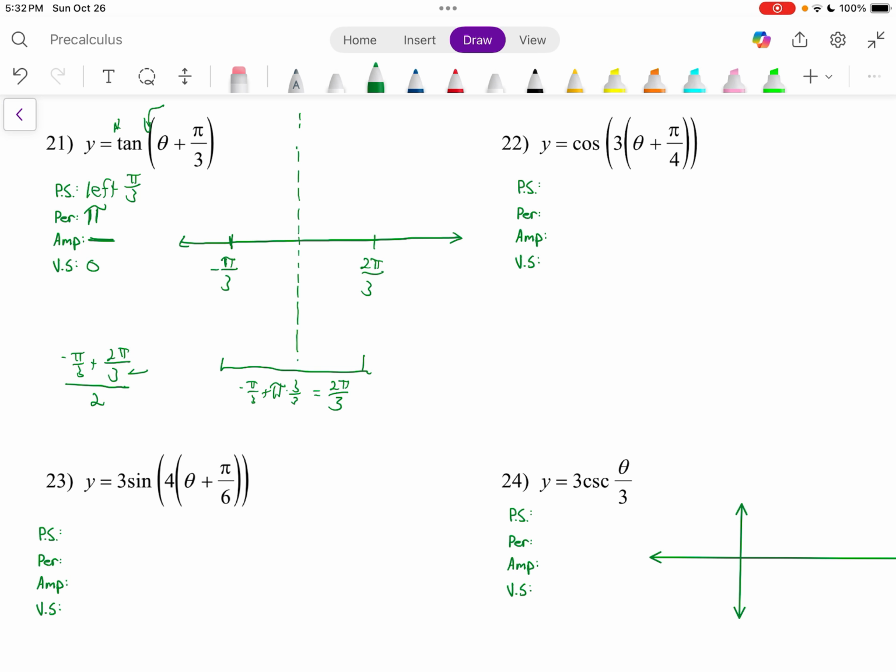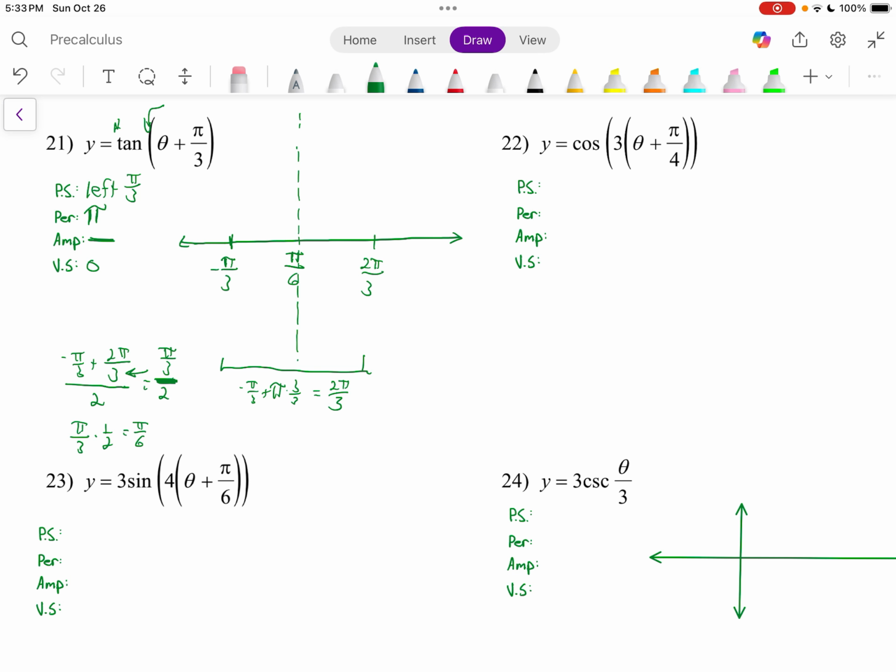Sometimes we didn't work with the denominator of 3, but I put it in there this time. So we have pi over 3 over 2. We know that dividing is the same as multiplying by the reciprocal, so times 1/2. So that middle point where the vertical asymptote is pi over 6.